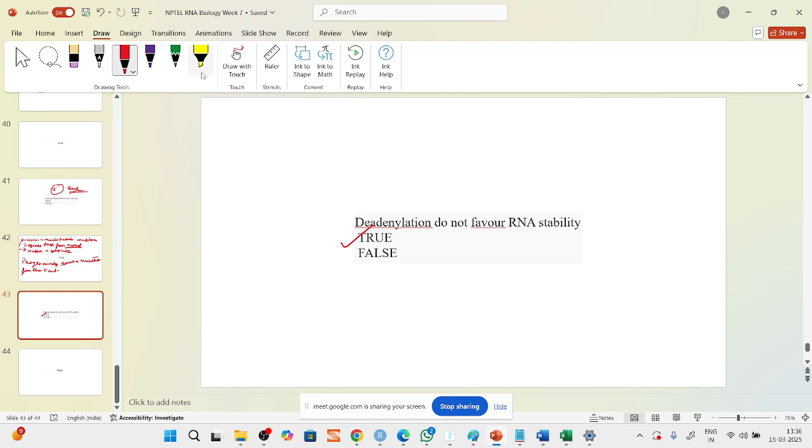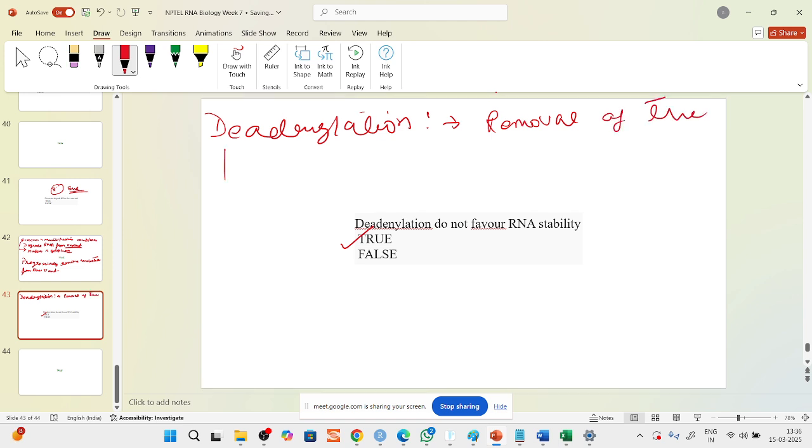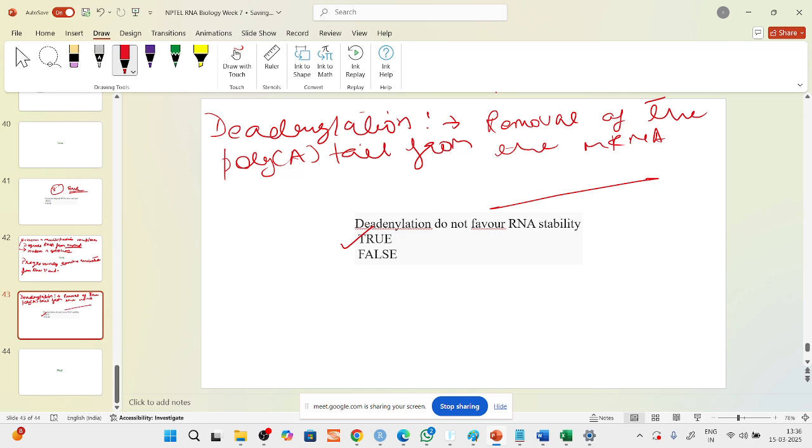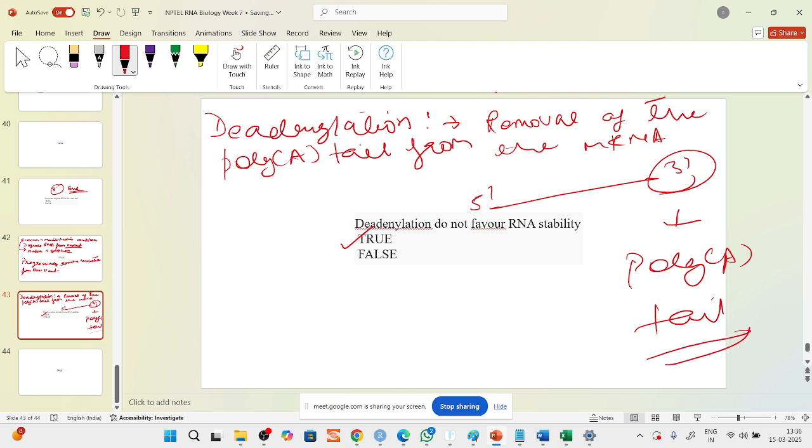Okay. So de-adenylation refers to the removal of the poly A tail from the mRNA. So now we have studied, this is the 5' end and this is the 3' end. You have the poly A tail here.